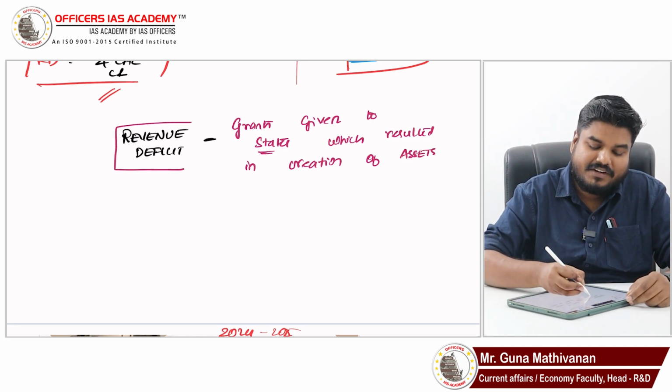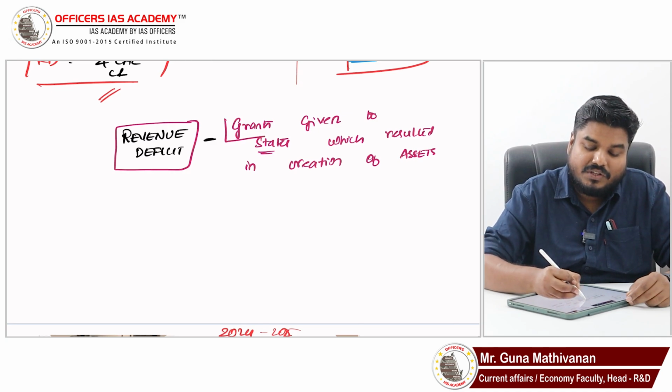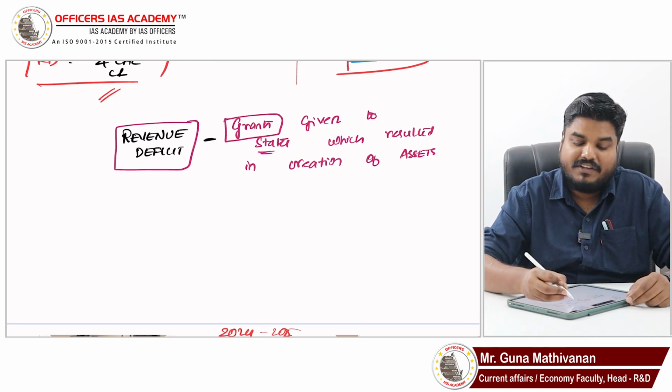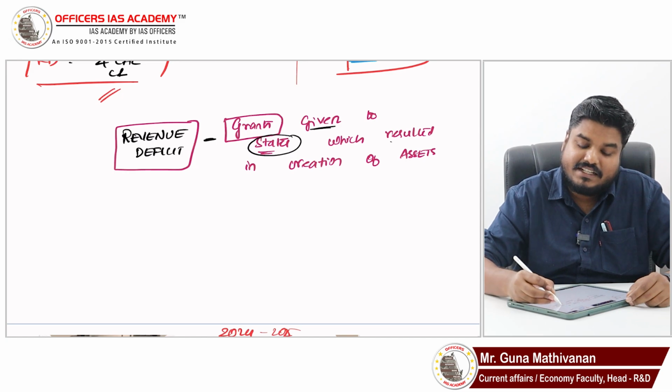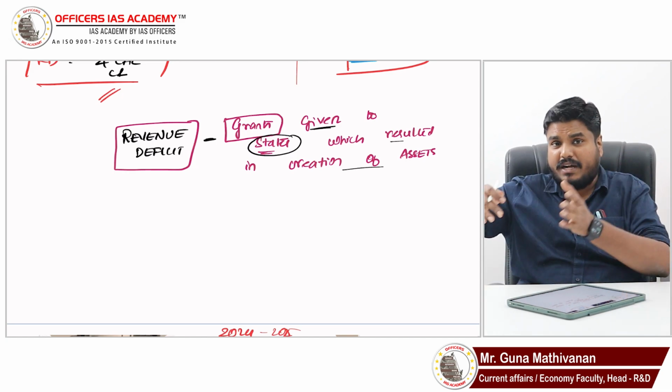So from my revenue deficit, I will remove those grants part which are given to the states which resulted in creation of assets. Only that part I will remove.